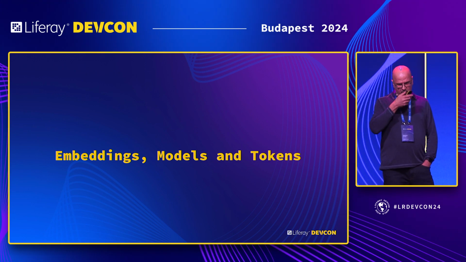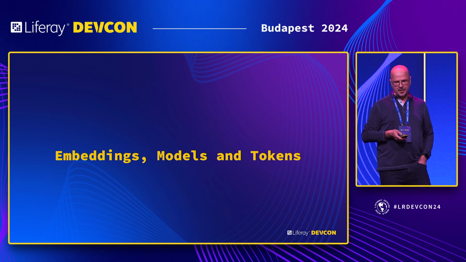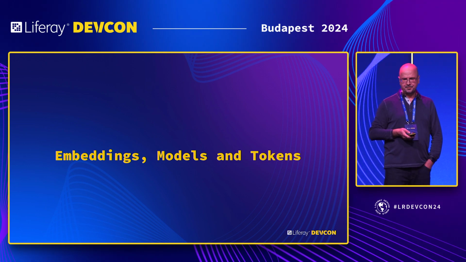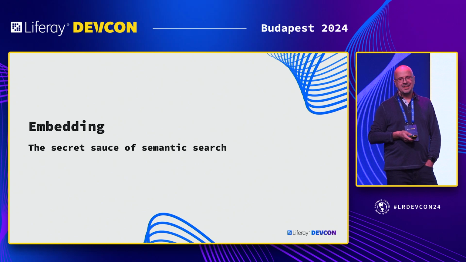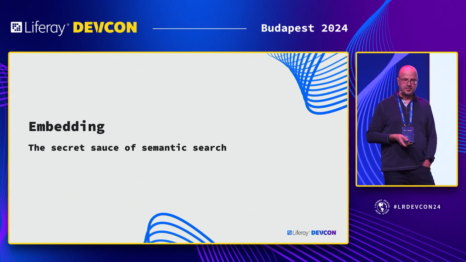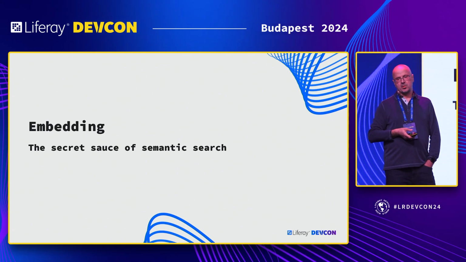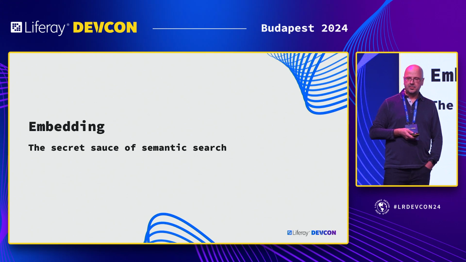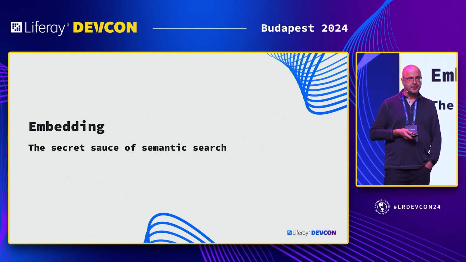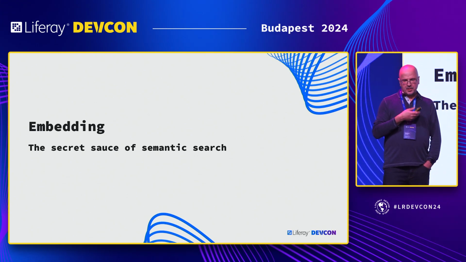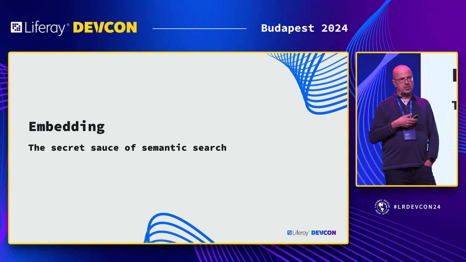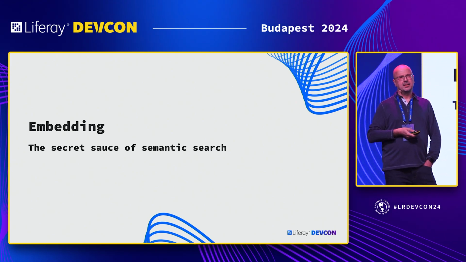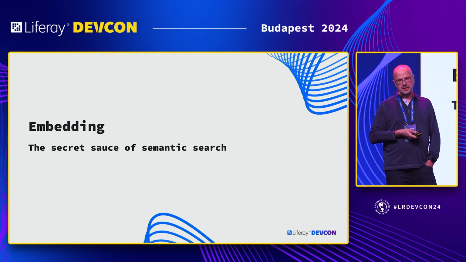Now, let's take a look at embeddings, models, and tokens, what they are and why they matter here. First, the most prominent ingredient, the embedding. This is the secret sauce making it possible to find semantically similar results. To make an asset, for example web content, searchable in Liferay, we need to store a representation of it in the search index.